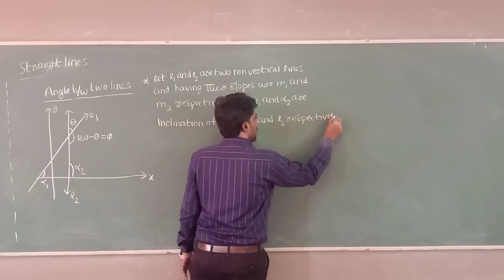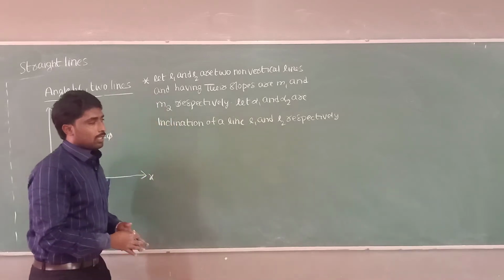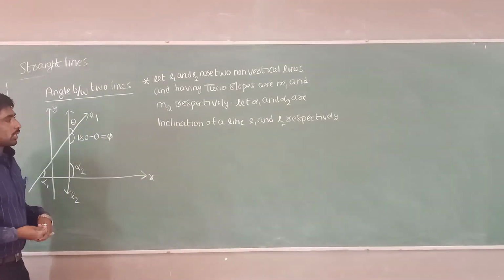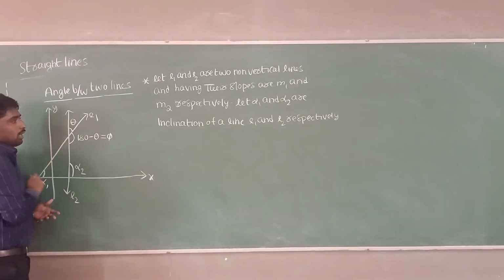If you observe here, two intersecting lines form two angles. One angle lies between L1 and L2.